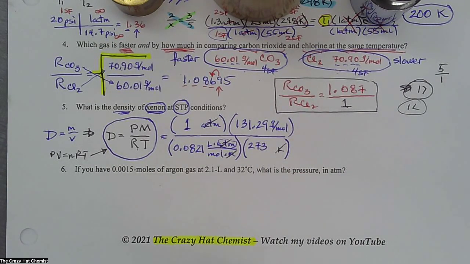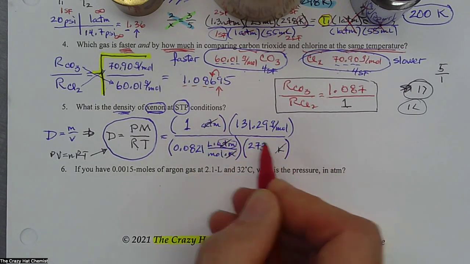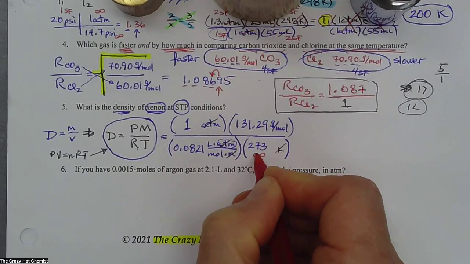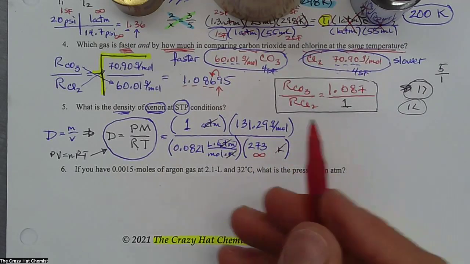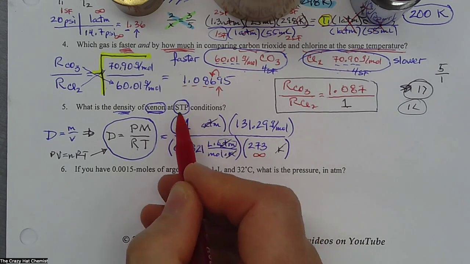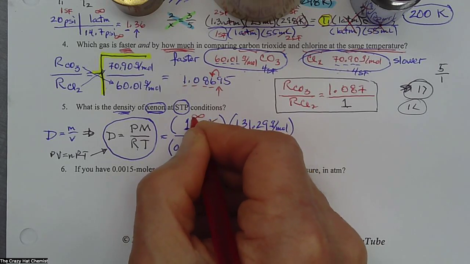So now what we're going to do is look at significant figures. This 273 Kelvin is the standard temperature. That is actually an infinite number of significant figures. This atmospheres here is standard pressure. That's also an infinite number of significant figures.